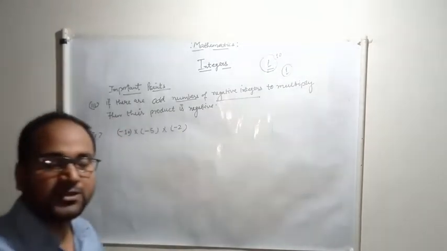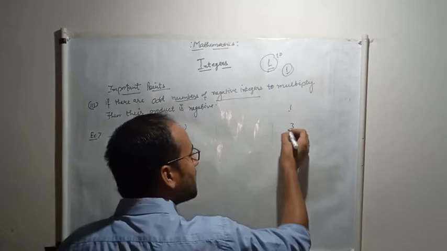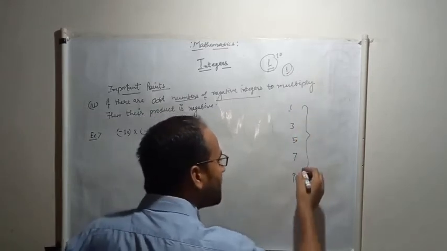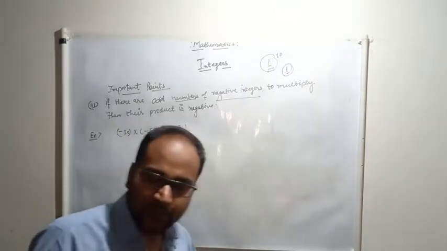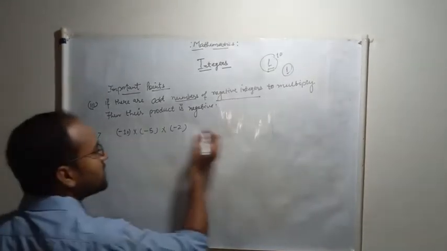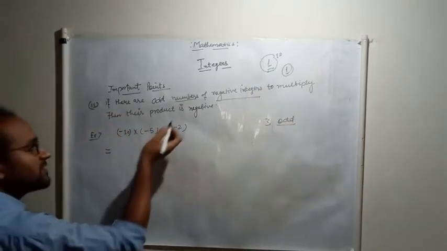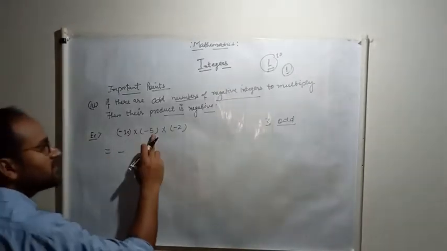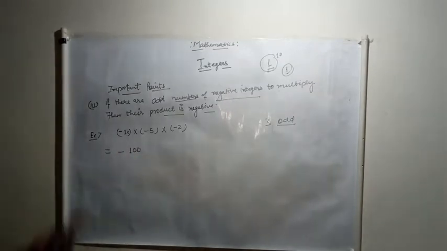The number which is not divisible by 2, like 1, 3, 5, 7, 9, is known as an odd number. So here it is 1, 2, 3. 3 is an odd number. So you always get that your product is negative. So we get the minus sign. 10 5s are 50, 50 2s are 100. Your answer is 100 with a minus sign.